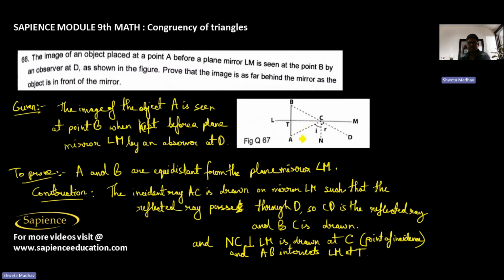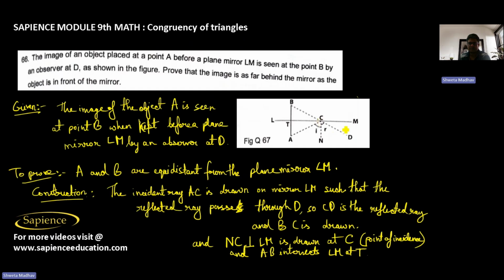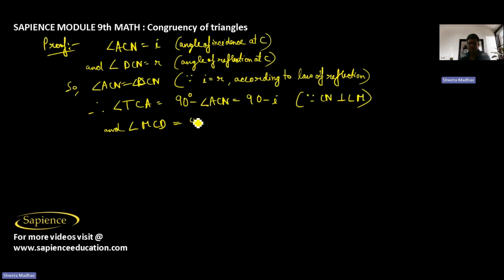TCA is 90 minus angle I, since obviously CN is perpendicular to LM. And similarly, MCD is equal to 90 degree minus angle R.